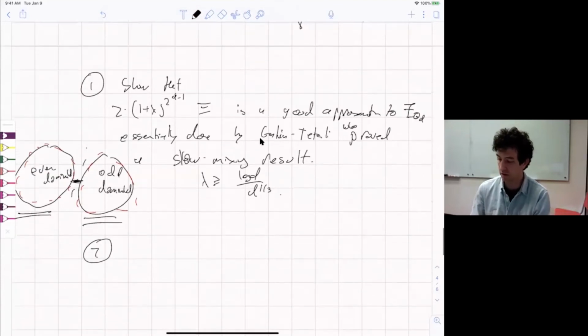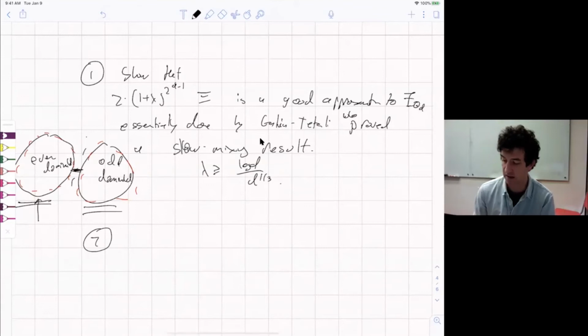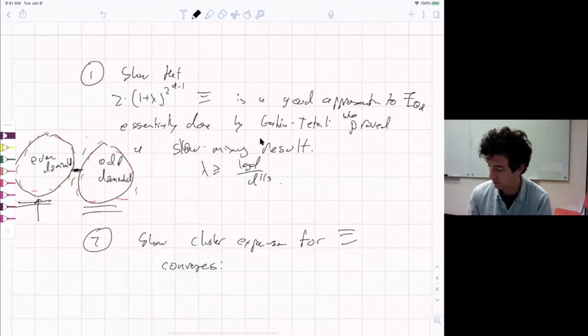Okay, and so once we have that, what is left is trying to approximate these pieces, and to do that we want to show that the cluster expansion for this polymer model partition function converges, and we want to verify the Kotecký–Preiss condition to do it.